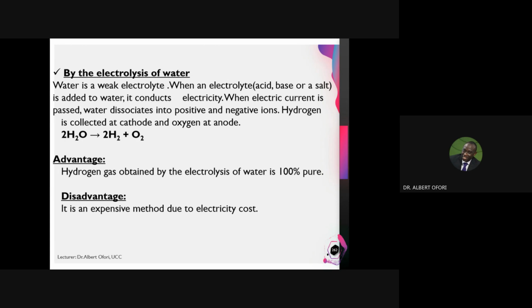That also means that when we combine the oxygen and the hydrogen, we produce water. The electrolysis process produces almost 100% pure hydrogen gas, but it's expensive because you are going to be using power.